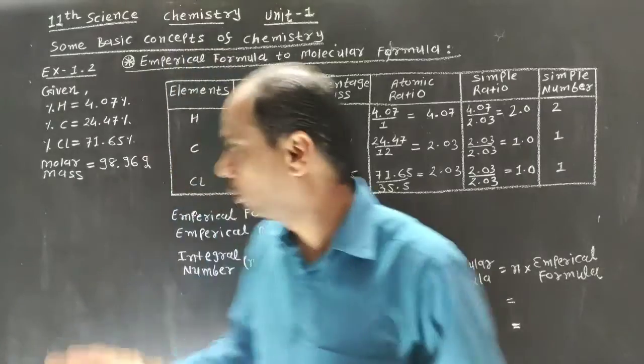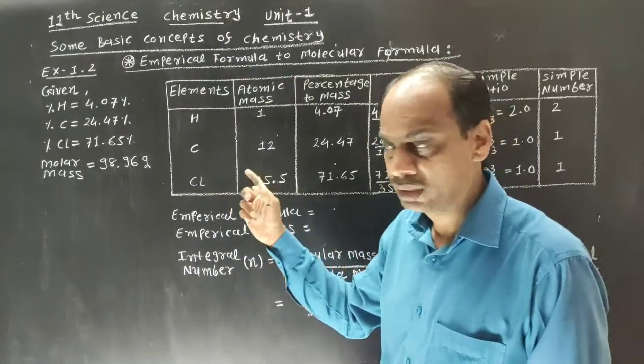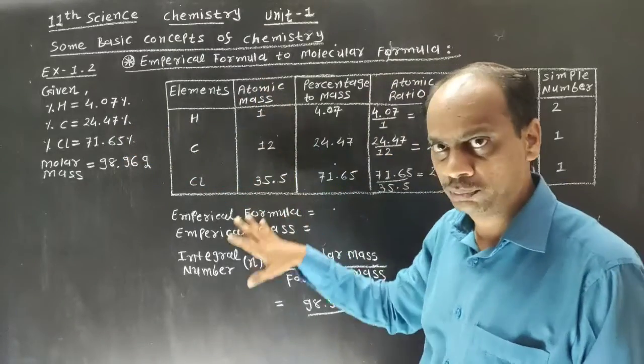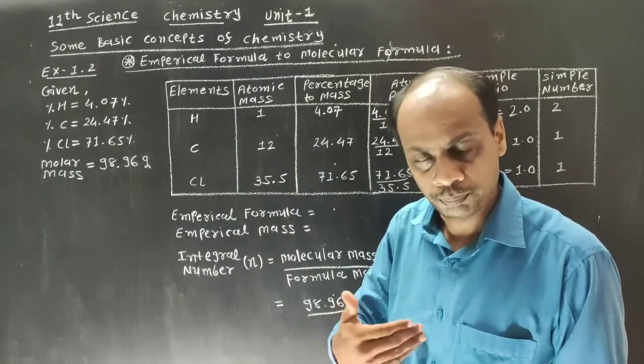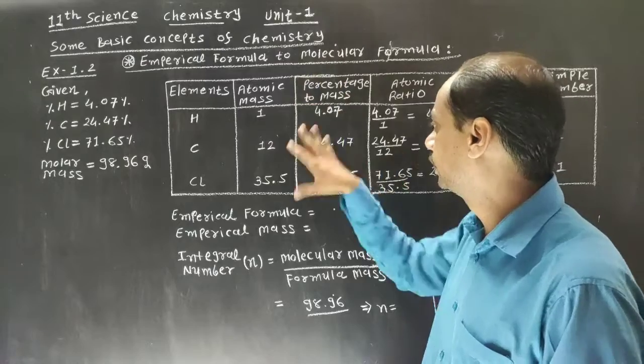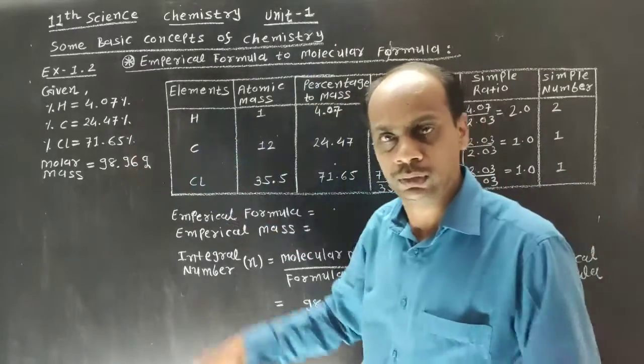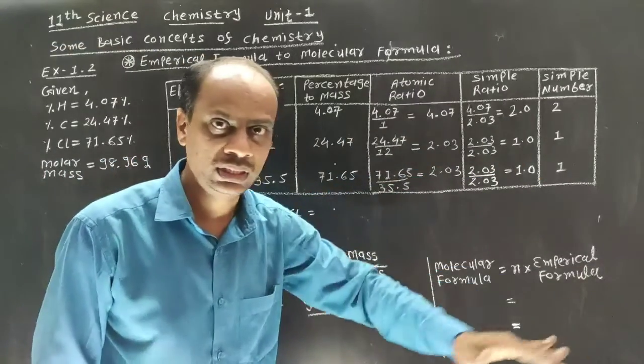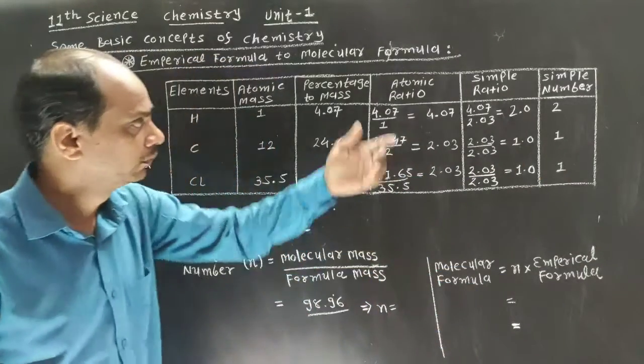Is it clear? Are all these 3 columns clear? These are written according to the data given. The atomic mass is what you have to prepare, and the percentage mass data is also given to us in the question. Now, the remaining portion is the simple one.